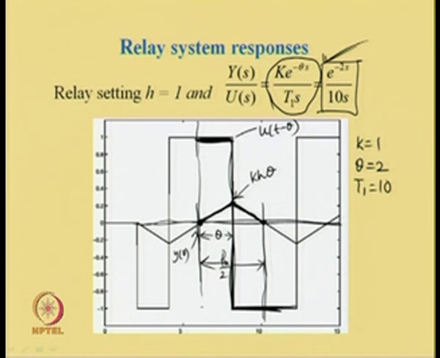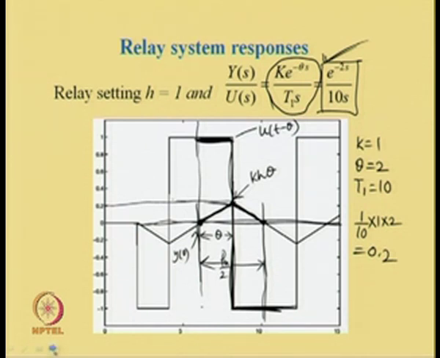Then in our case, this is 1 by 10, h is 1 and theta is 2. So, this is equal to 0.2. So, the peak amplitude definitely is of magnitude 0.2. So, this is confirmed from here.